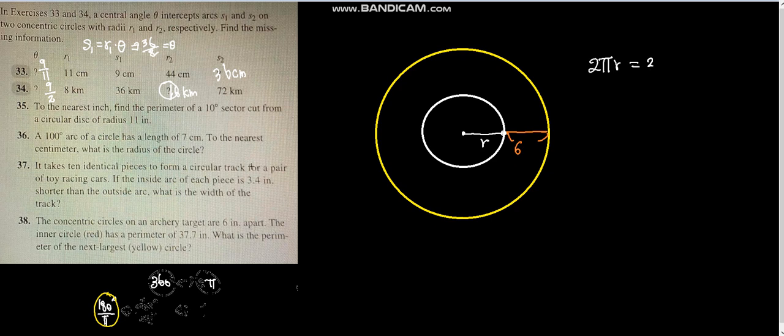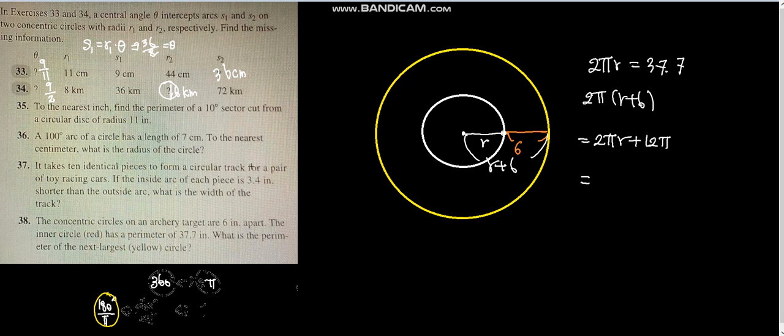Therefore, that is 37.7 inches. And then what is the perimeter of the next largest circle? The radius of the bigger circle is r plus 6. So then this is 2 pi r plus 12 pi.